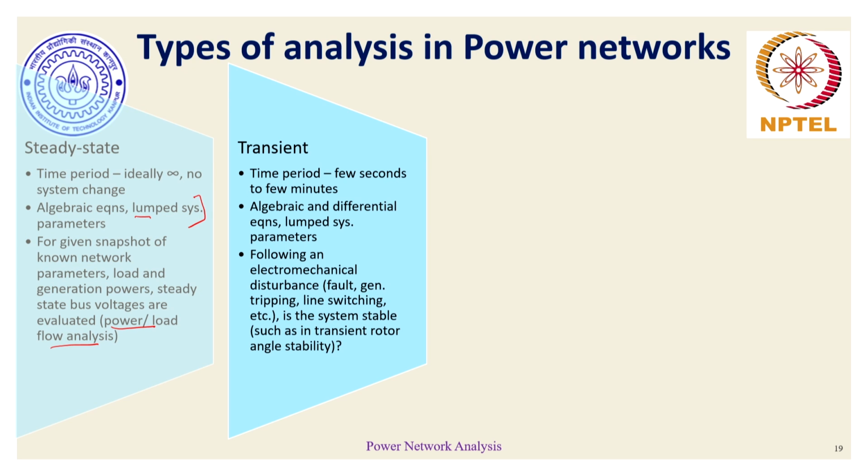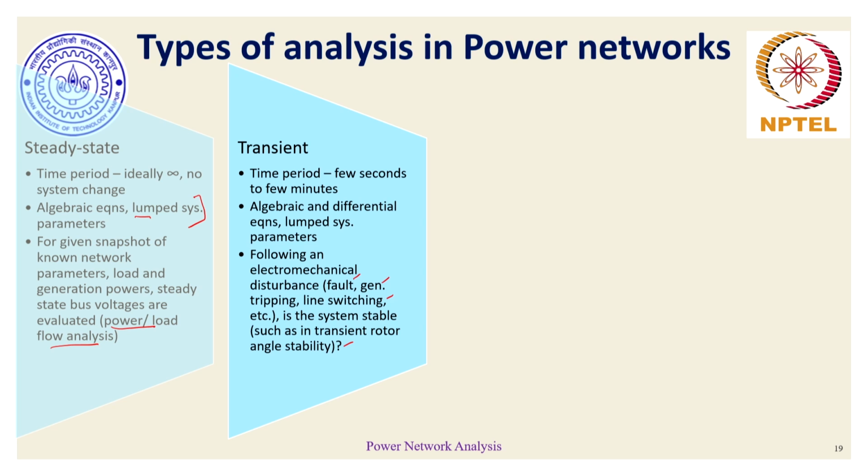The next part of analysis is transient analysis, which essentially analyzes, after electromechanical disturbances like the occurrence of a fault, generation tripping, line switching or load switching, whether the system is stable enough or not. This forms part of our transient or angle stability, which will be part of the last discussion.